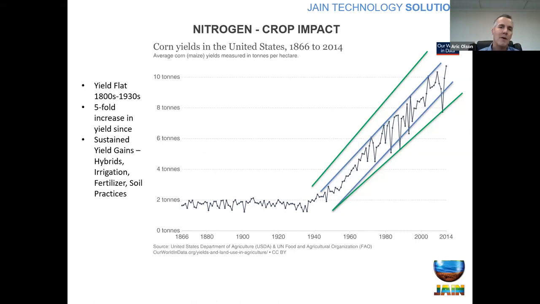There is, though, this variation, and I put those green lines there. These yield gains I've talked about, not everyone's getting those yield gains, and that's an average number. So in corn, for example, the average yield might be 180 bushels an acre.